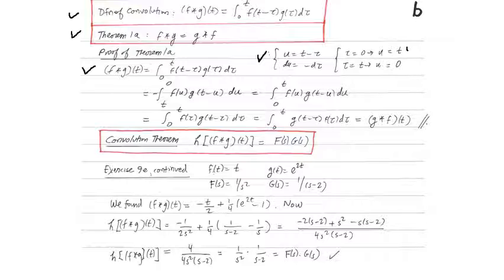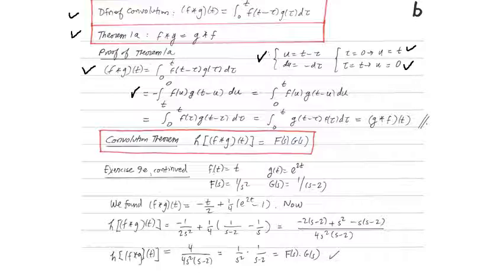When tau is equal to 0, u is going to be equal to t. And when tau is equal to t, u is going to be 0. So that gives us this expression for the integral, now with everything expressed in terms of u.